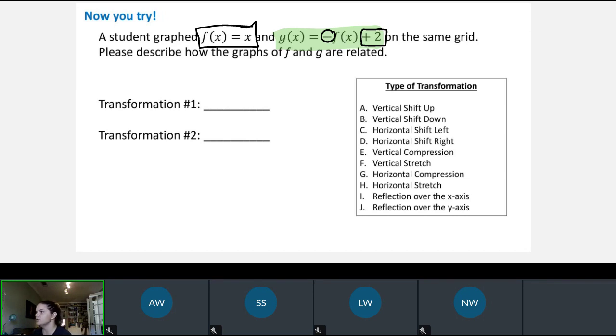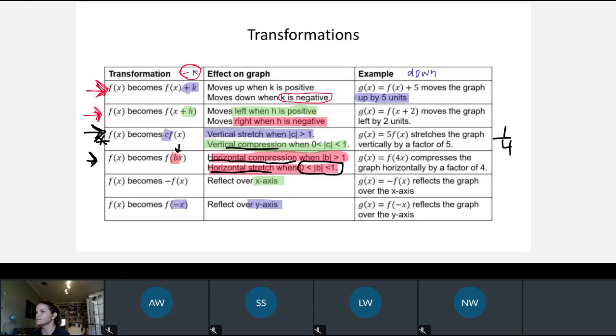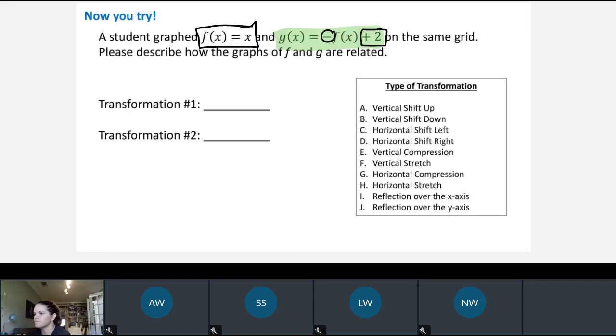So you're going to go to your rules, find what they look like over here. Actually, if you want, I can paste the rules again. Let me grab the rules and I can paste them in here so that you can have them.